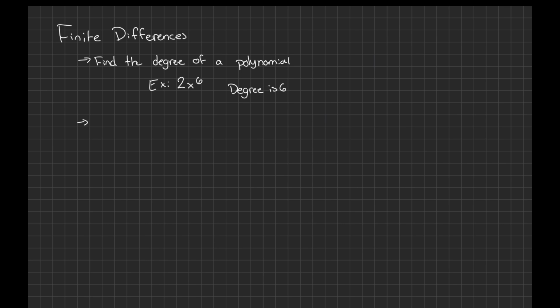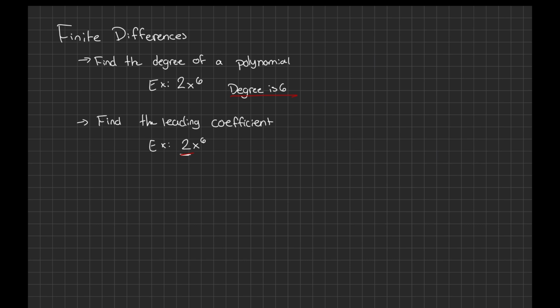And the second point is to find the leading coefficient. And again, for example, 2x to the power of 6, this would be the 2 right there, right? So it's just to find the degree and the leading coefficient.